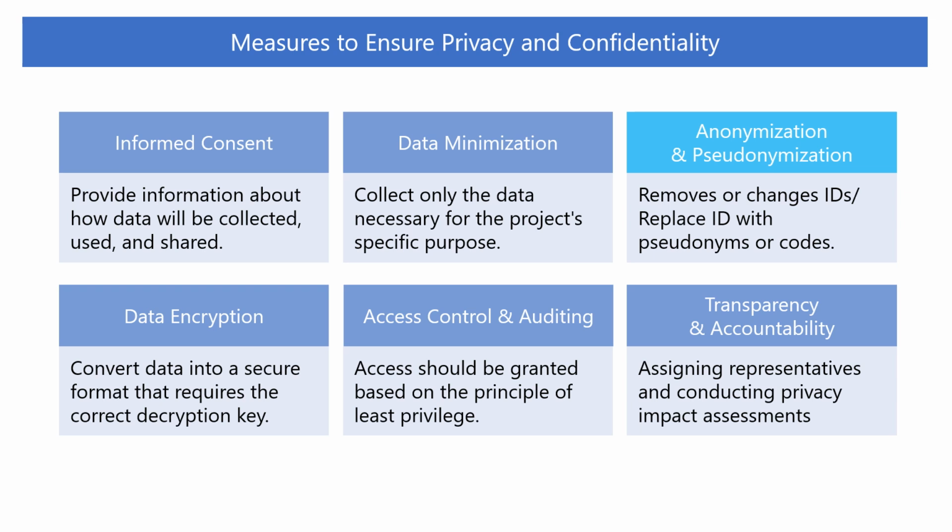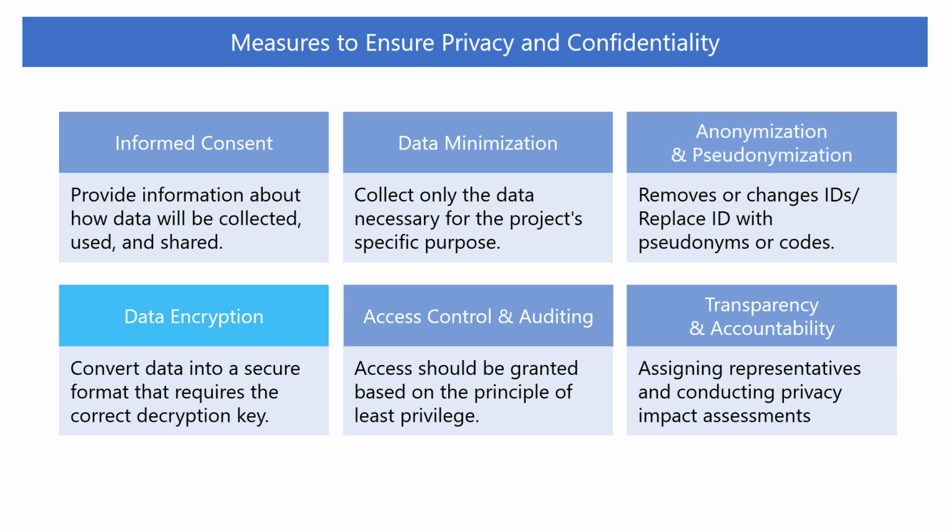Anonymization removes or changes identifiers from data so that individuals cannot be easily identified. Pseudonymization is the replacement of identifiers with pseudonyms or codes. These measures make it possible to track individuals without identifying them.